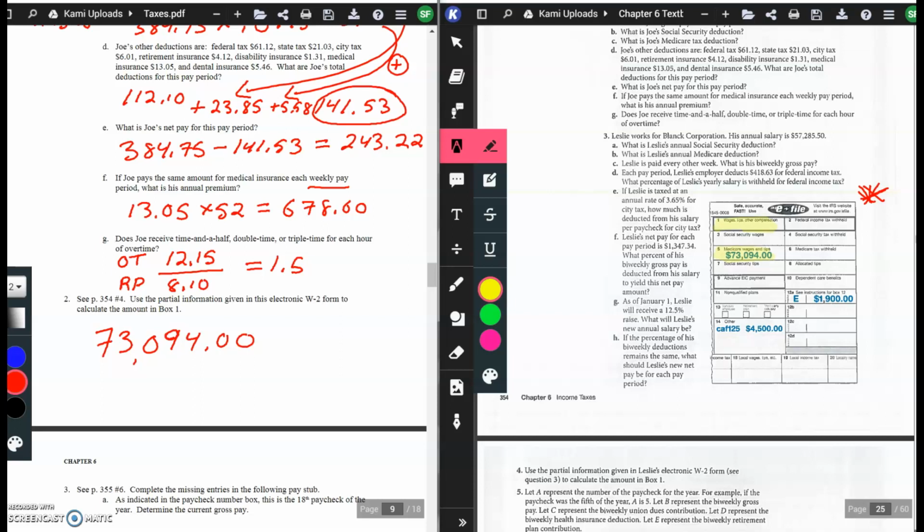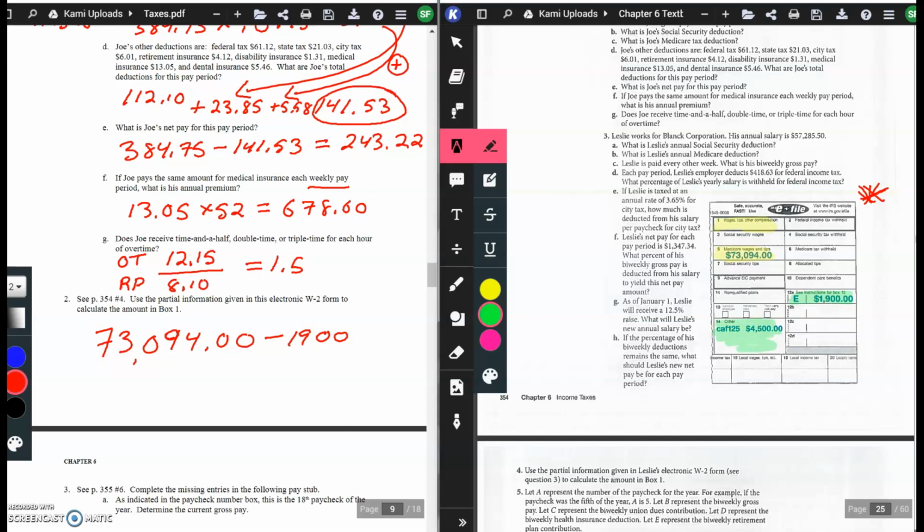And we are going to subtract off the other two values in our W-2. So we're going to subtract off this value here, which is how much money you put into a retirement fund. Box 12 is how much you put into a retirement fund, so you're not taxed on that. So you're going to subtract off your $1,900. Okay, and this box 14 here, these are other costs that we need to deduct.